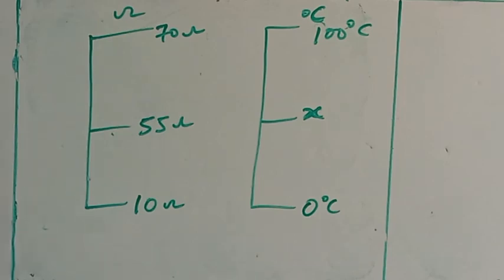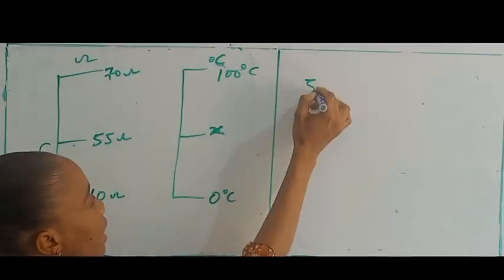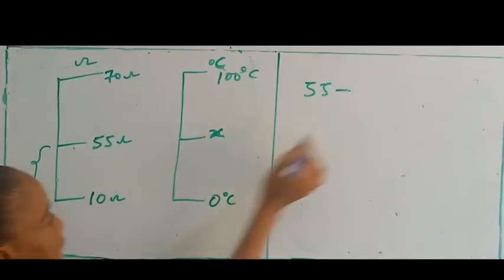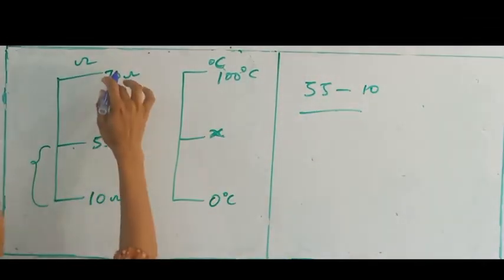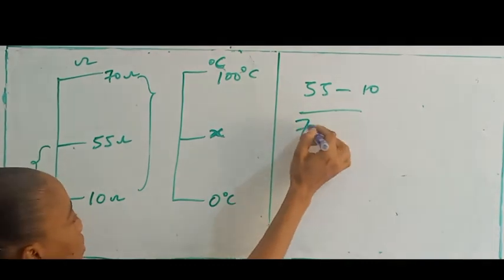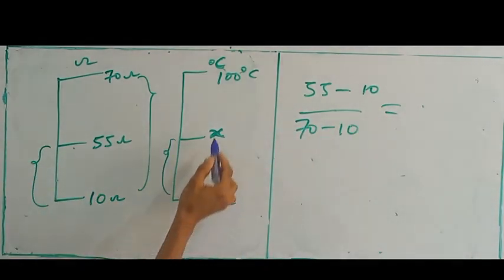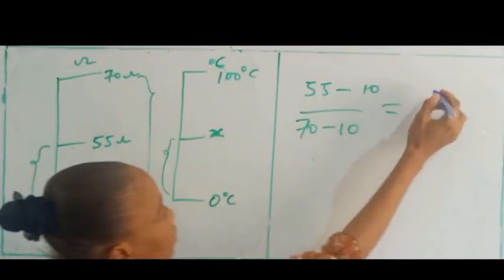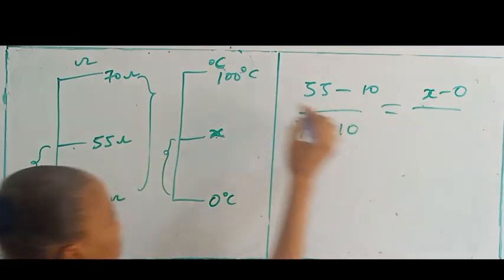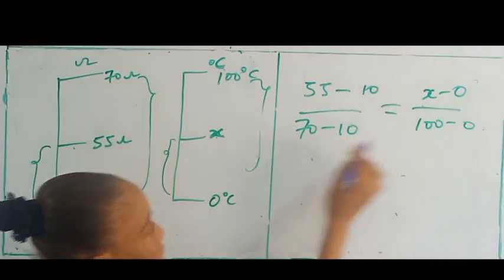Remember the way we did the other one? We'll compare this first and say 55 minus 10 over 70 minus 10 is equal to the same thing for the other scale: x minus 0 over 100 minus 0.